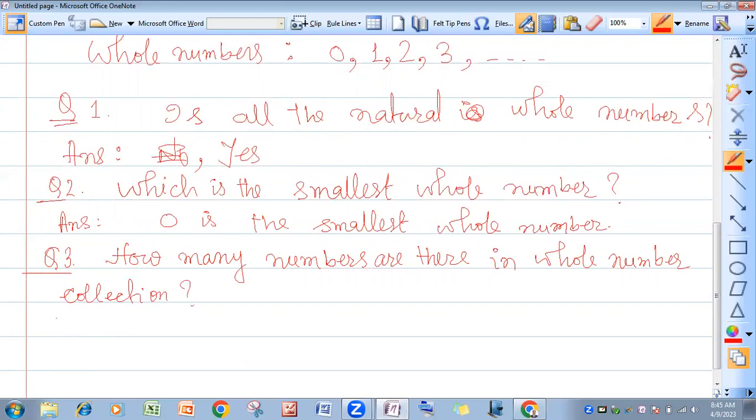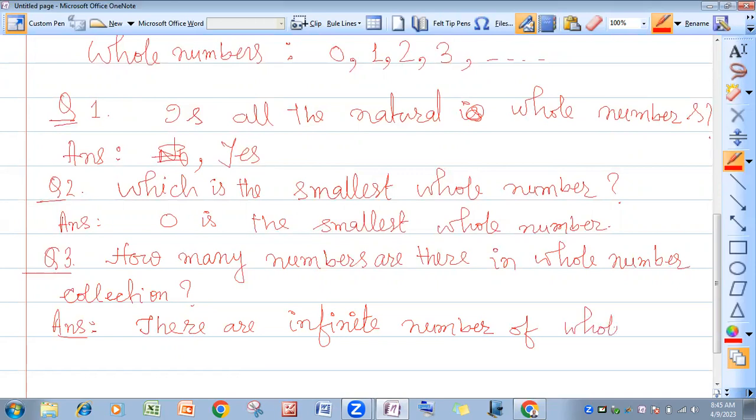The answer will be there are infinite whole numbers.